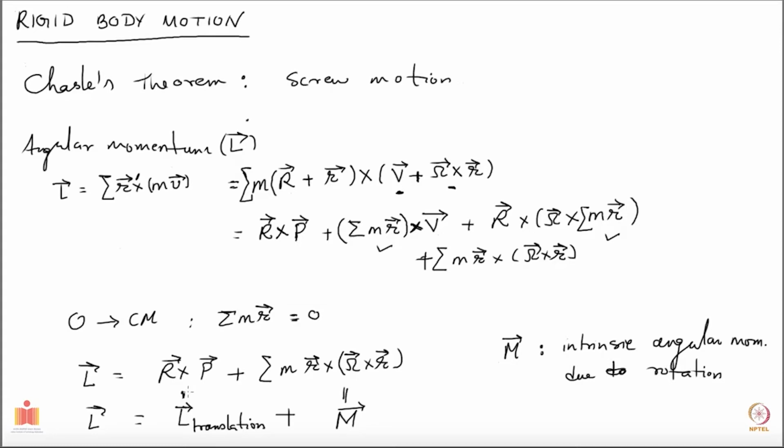Okay, that's good. Now let's remember what it is: m r cross omega cross r. So let me write down again my intrinsic angular momentum of the rigid body M, given by summation m r cross omega cross r.